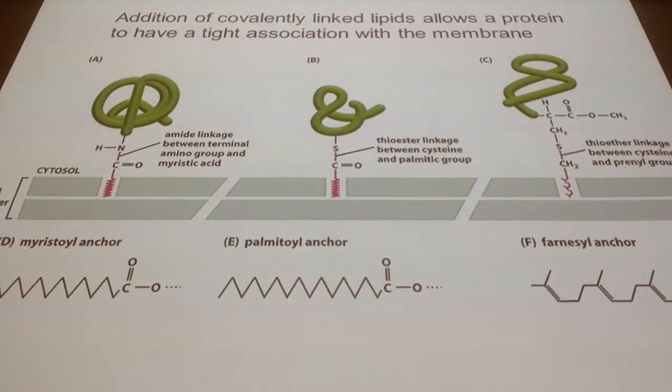LDL. LDL is low density, the last L is lipoprotein. HDL, high density lipoprotein. VLDL, very low density lipoprotein. So the last L in LDL, HDL, and VLDL stands for lipoprotein.